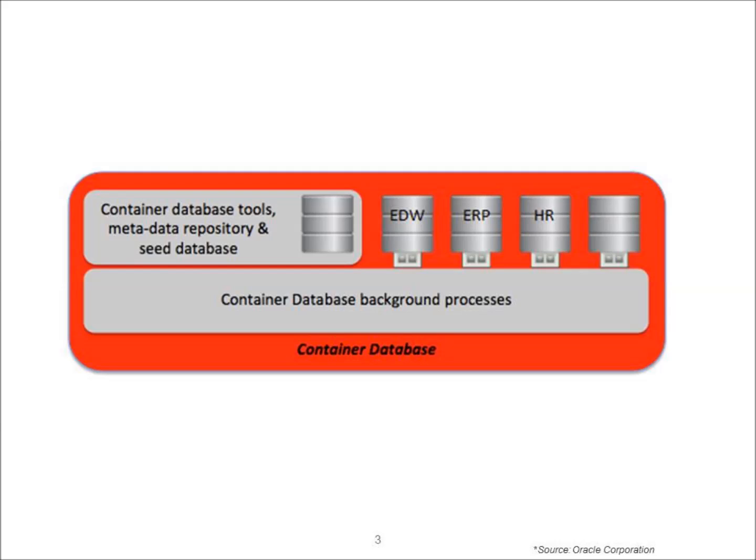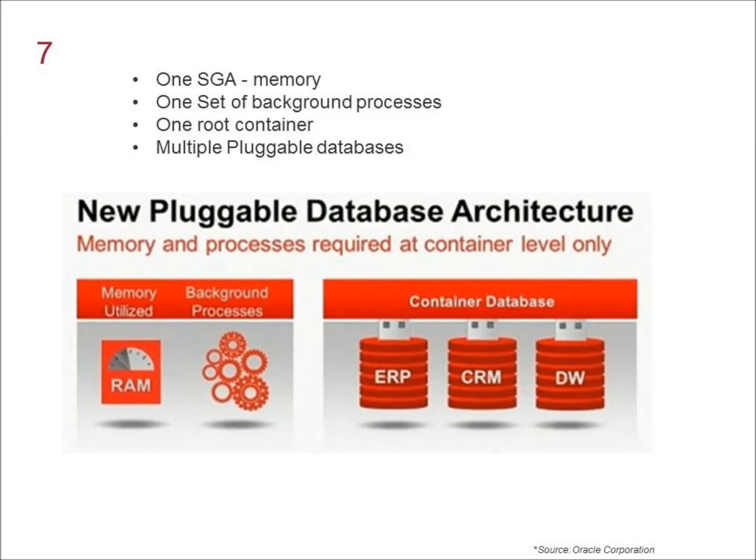All the tools, the metadata repository, and the seed database reside at the top level, and this gives you a further depiction of the new architecture. Again, you will have one SGA, which is the memory, and one set of background processes, and one root container, and now you have multiple pluggable databases under that root container.